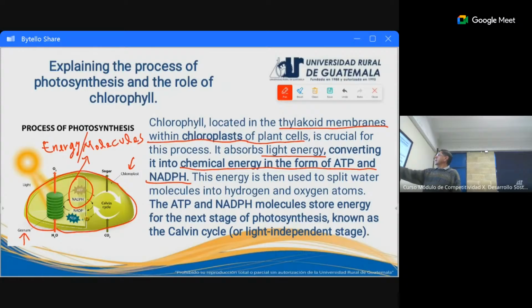So these are ATP and NADPH. This energy is then used to split water molecules into hydrogen and oxygen atoms.